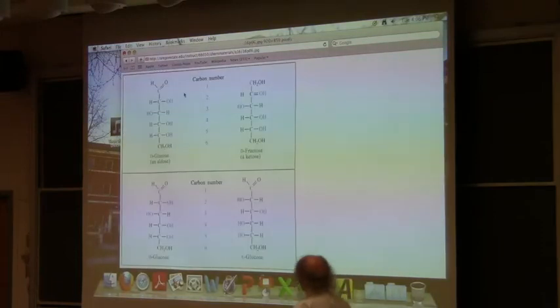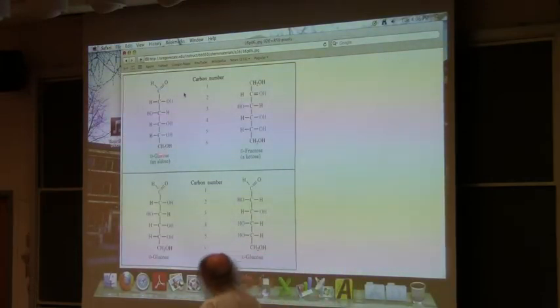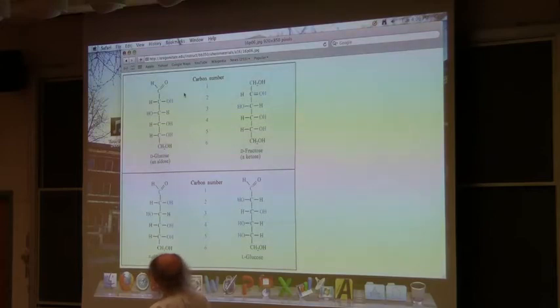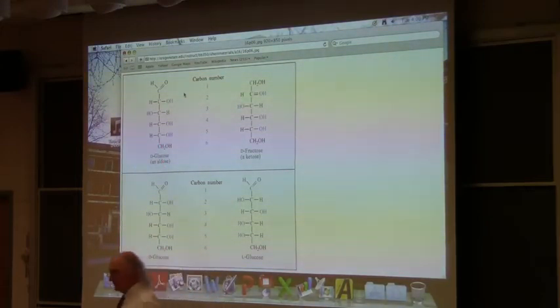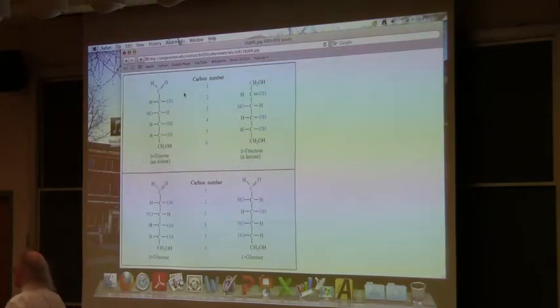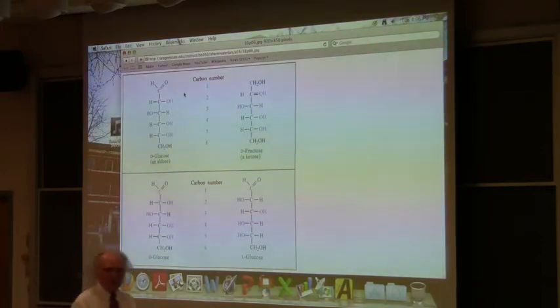All right. Well, here, for example, is glucose. And we see that glucose, we've added another term here, is an aldose. Okay, so an aldose, again, ose referring to a carbohydrate. An aldose is a carbohydrate that has an aldehyde at its end.